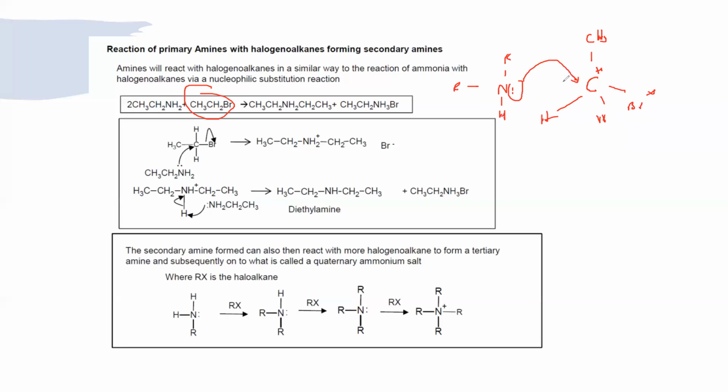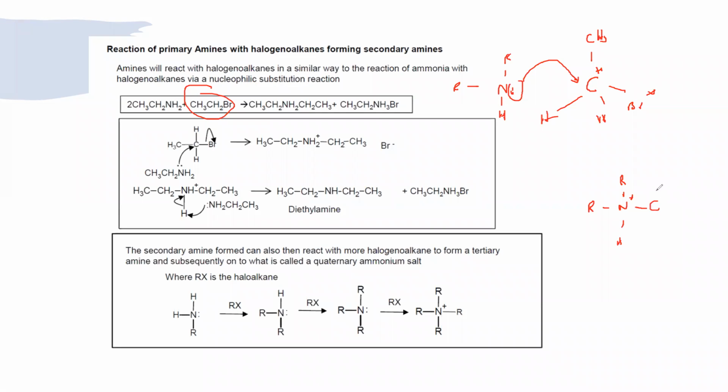It attacks the electron-deficient site, which is why we call it a nucleophile. Once it forms a bond, it will be R, N, R, H, because nitrogen donated the electrons. There are two electrons, a lone pair on nitrogen, so nitrogen donates them to carbon and forms a bond with carbon.